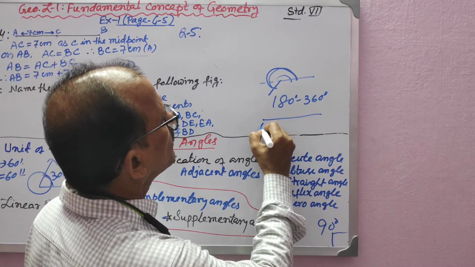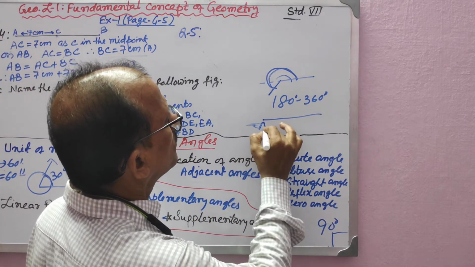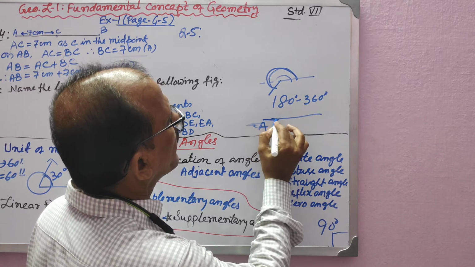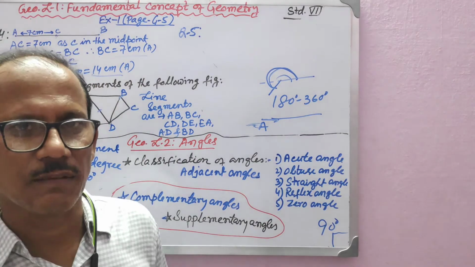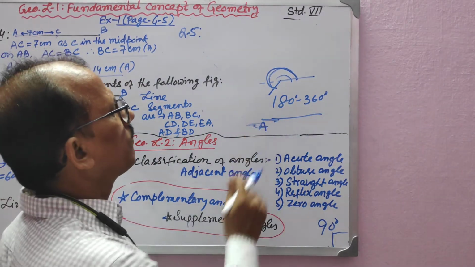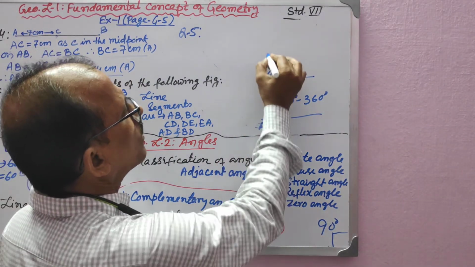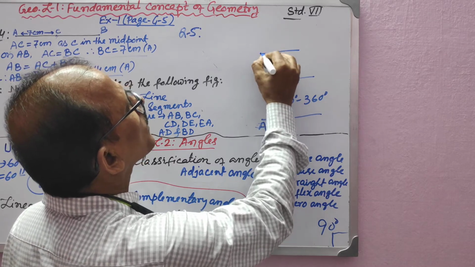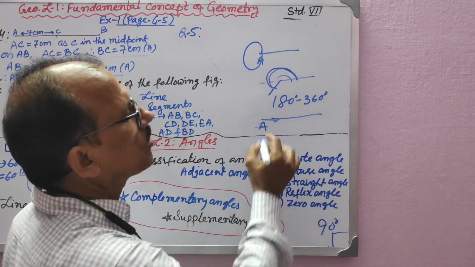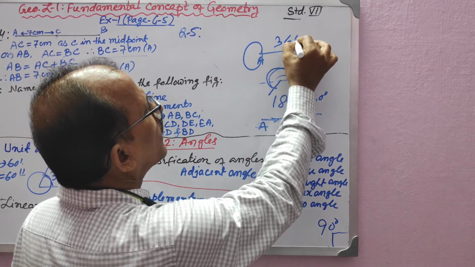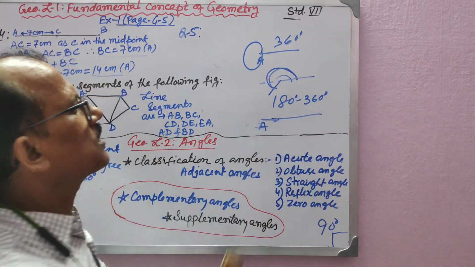See, from a point, suppose point A, it hasn't opened, a ray has started and there is no opening, it has merged with itself on the same ray only, then it forms zero angle. What do you understand by whole angle? From this particular point, if a complete rotation is given and it came back, that is called 360 degree, which is called whole angle or complete angle. Could you understand me?